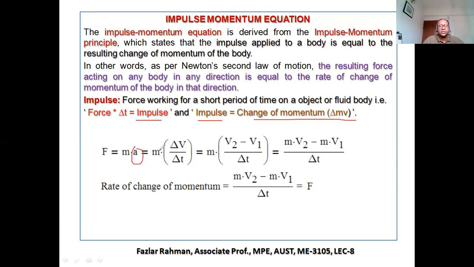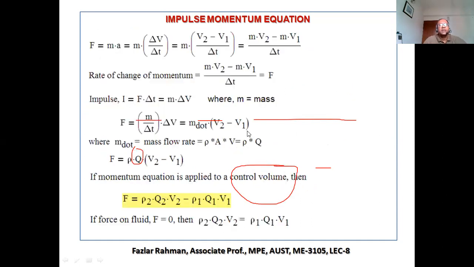This acceleration you can express as change of velocity with respect to time, del V by del T. So you get V2 minus V1 by del T. So this equals F, because it is the rate of change of momentum, as per the second law.